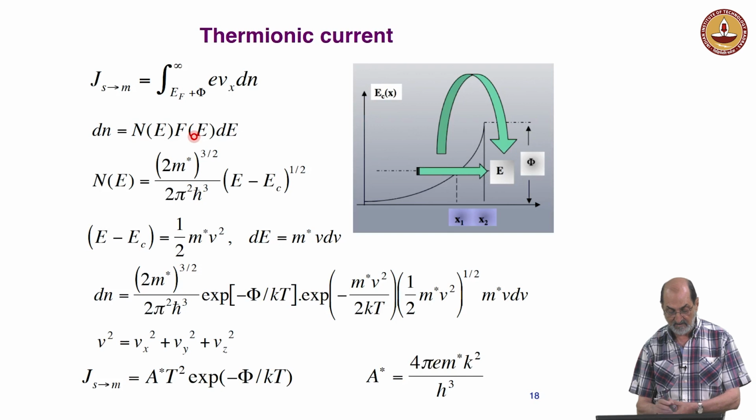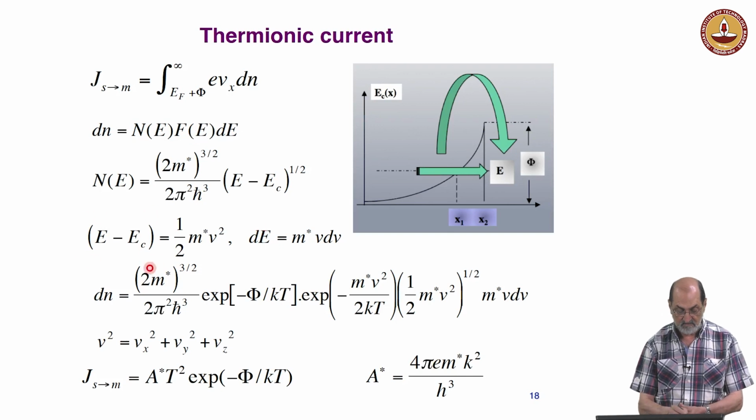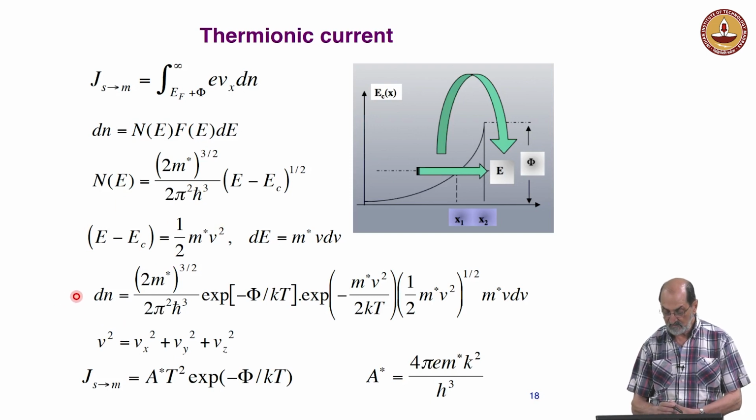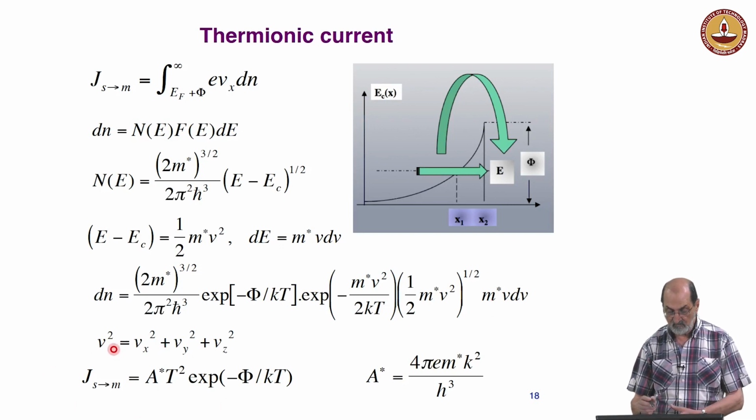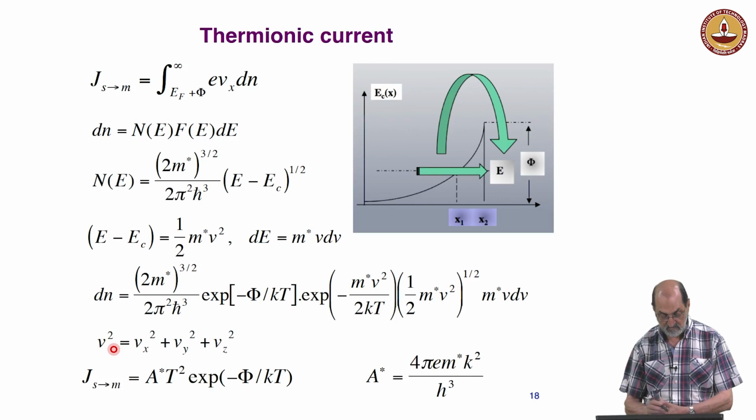Eventually, we have to plug in the kinetic energy, and calculate how many electrons we have as a function of the speed. Integrate all this and get the thermionic current from the semiconductor to the metal.